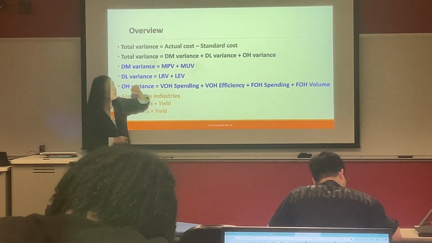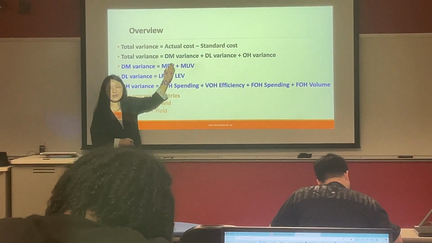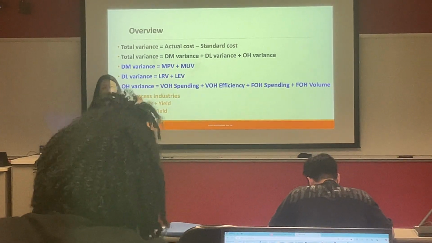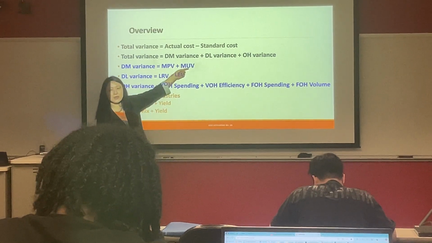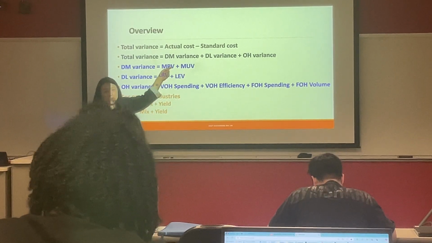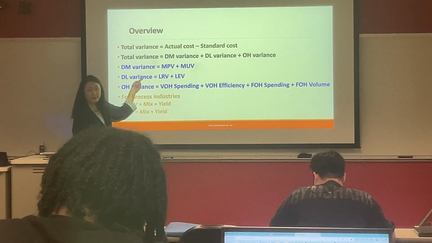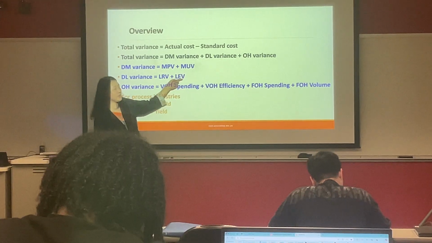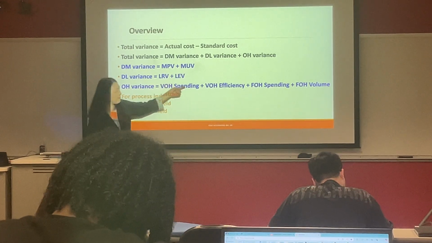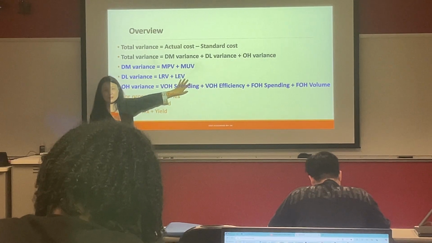The second layer is, when I look at the material, labor, overhead, I separate that into price and quantity. So for material, we have material price variance and material usage variance. For labor, we have labor rate variance and labor efficiency variance. And for overhead, we have variable overhead and fixed overhead. So in total, that's 8.